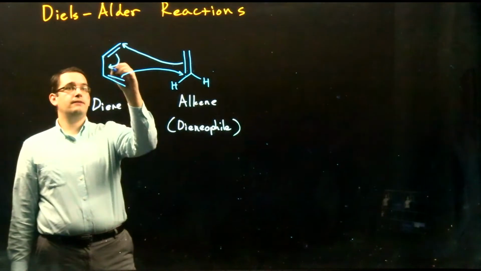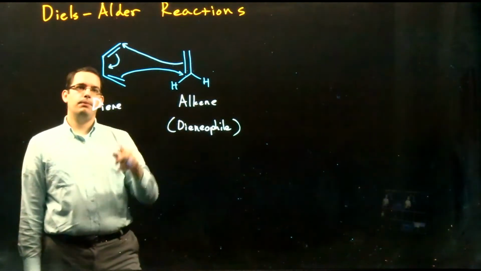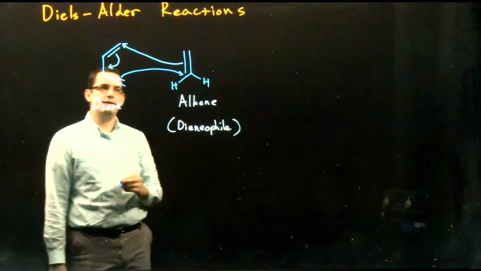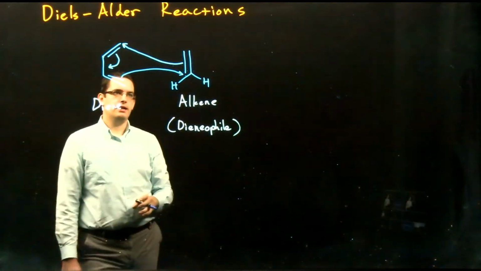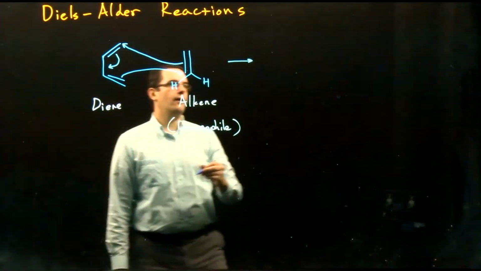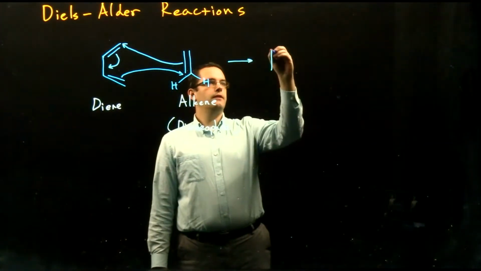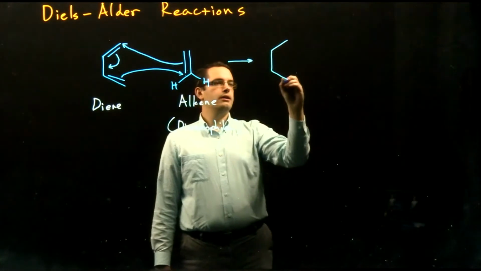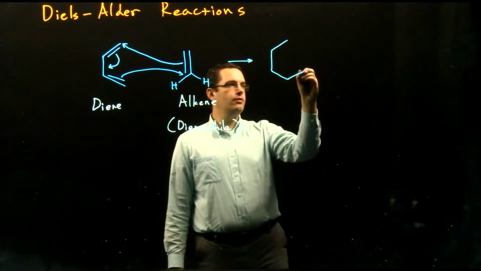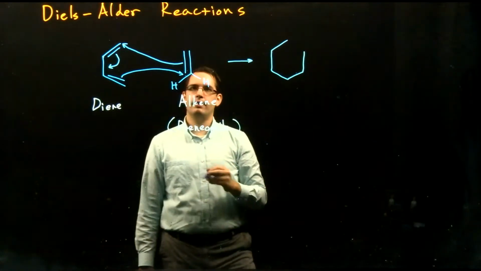So if we shift this over here, we can replace the electrons that our carbon here lost as we attacked our dienophile. So the end product here, after we move all those electrons around, we have our diene here. We lost this double bond, but made a new bond over here to our alkene.